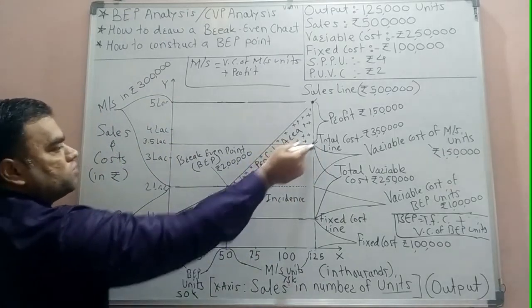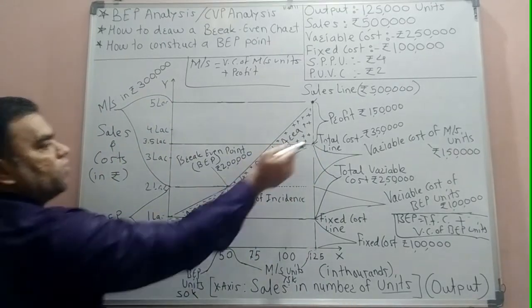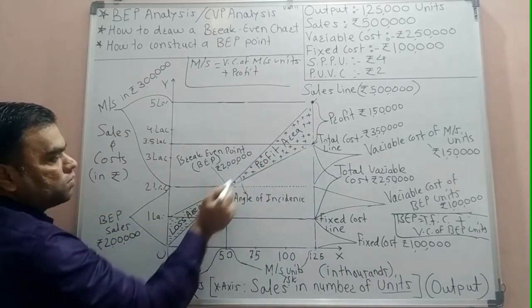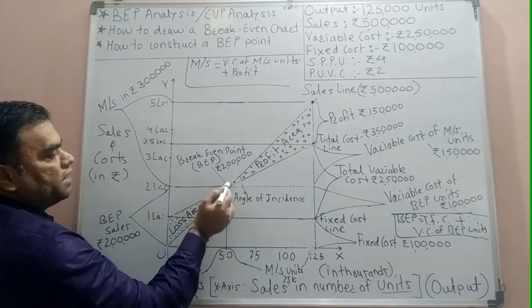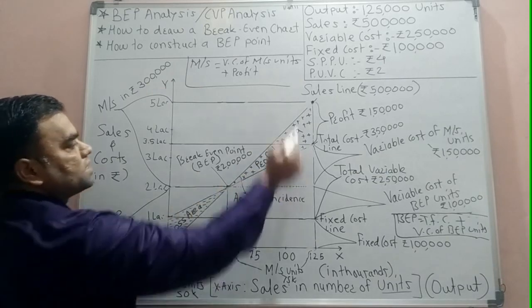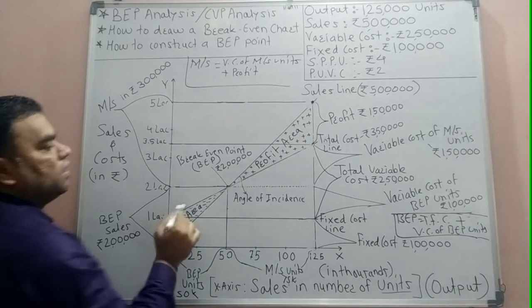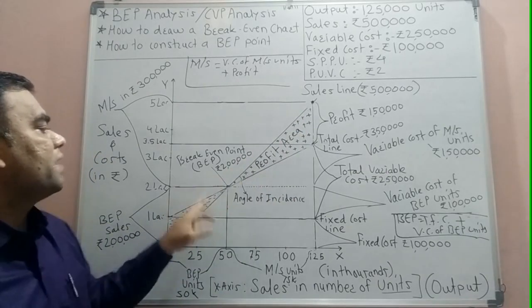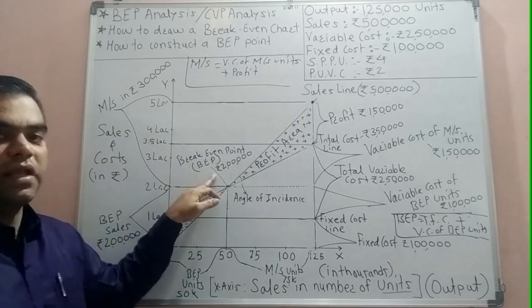When we draw that total cost line, it will intersect the sales line, and the point created by the intersection of the sales line and the total cost line is called the break-even point.